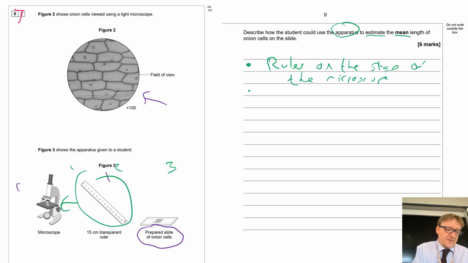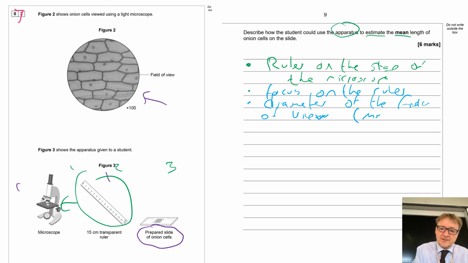Focus on the ruler, and underneath there you can see the little black lines on it. Once you've focused on the ruler, you can then work out the diameter of the field of view, and that then needs to be in millimeters.